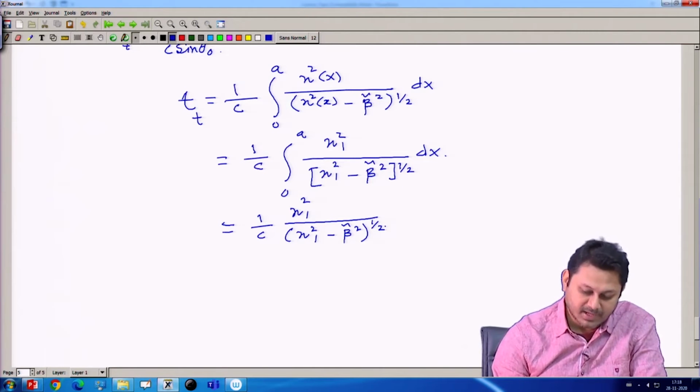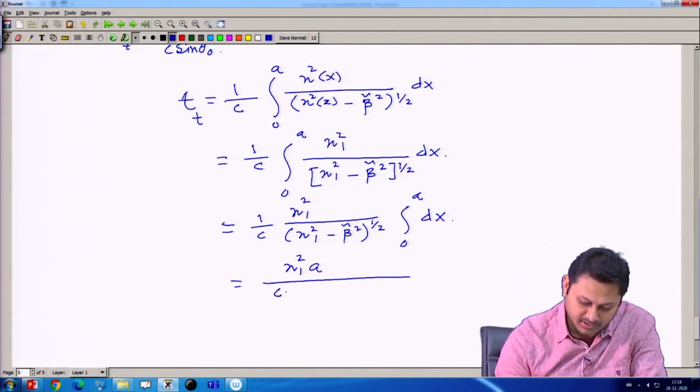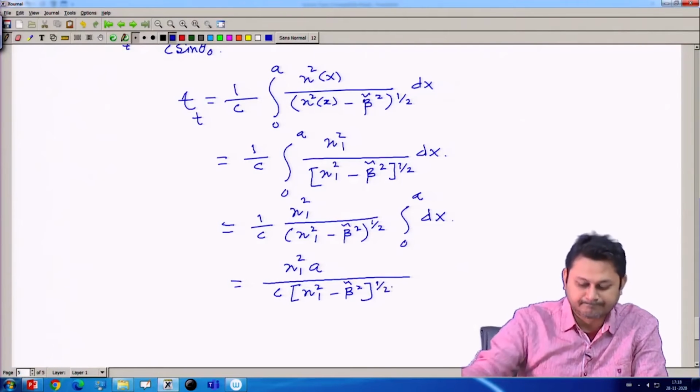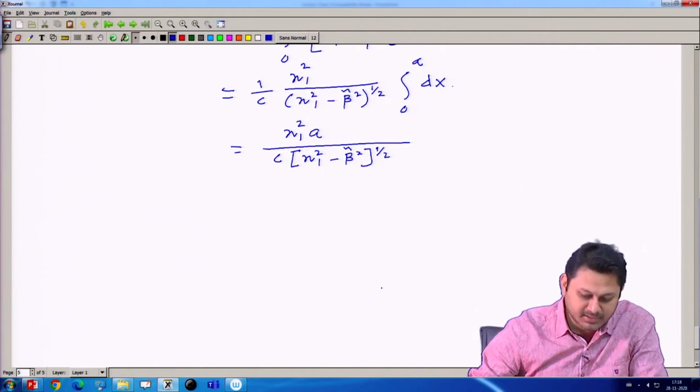This I put outside, and then the integration is simply integration 0 to A dx, and this quantity is A. So, eventually I have N1 square A divided by C multiplied by N1 square minus beta square whole to the power half. Well, I am already there.